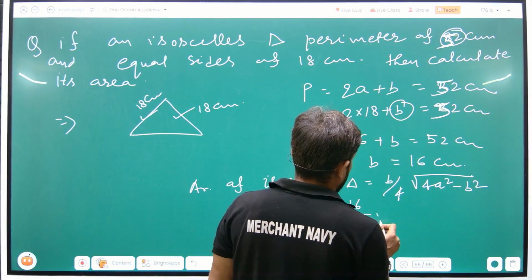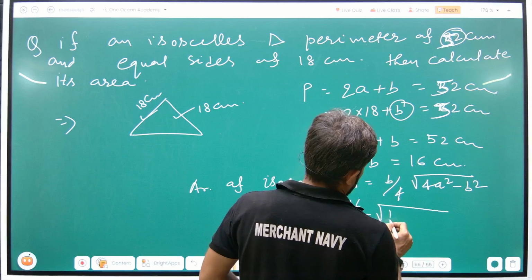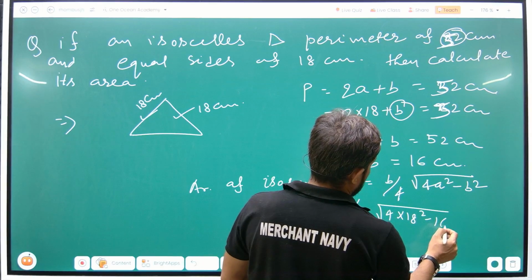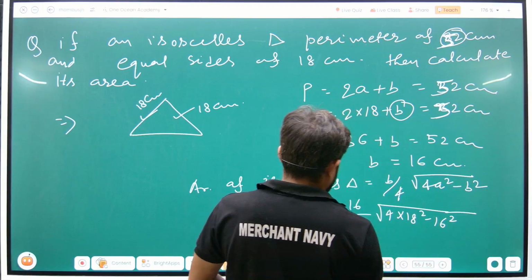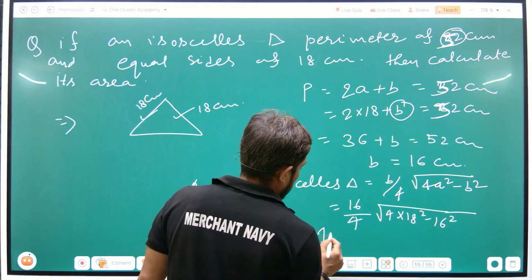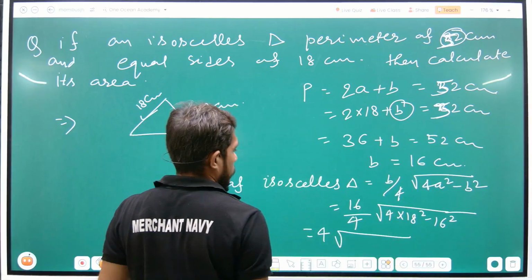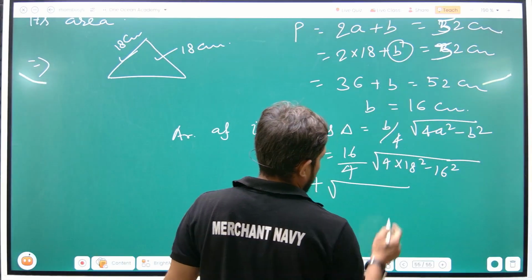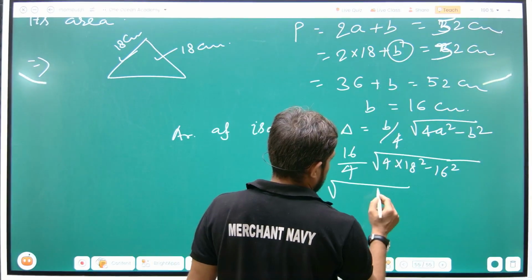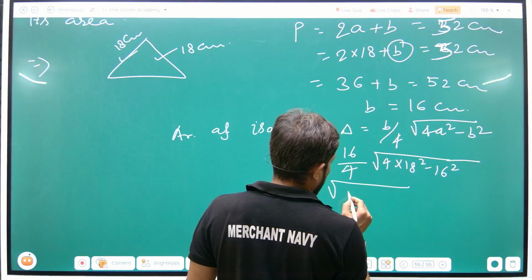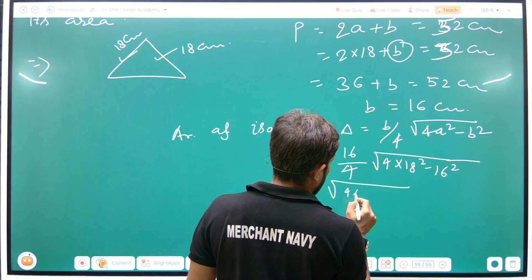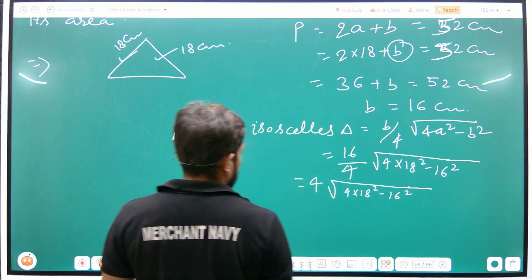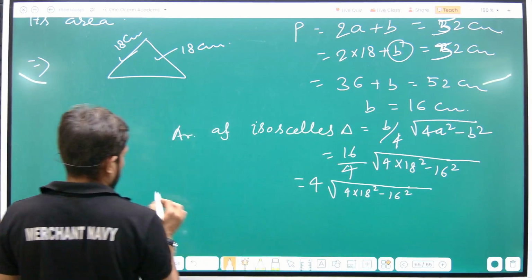So 16 by 4 root under 4 into 18 square minus 16 square. On calculating this you will get 4 root under 18 square minus 16 square.